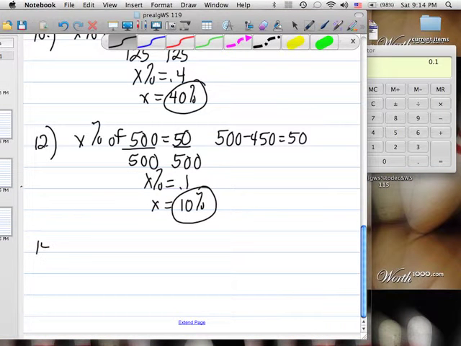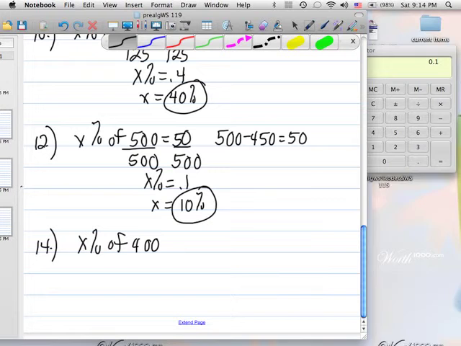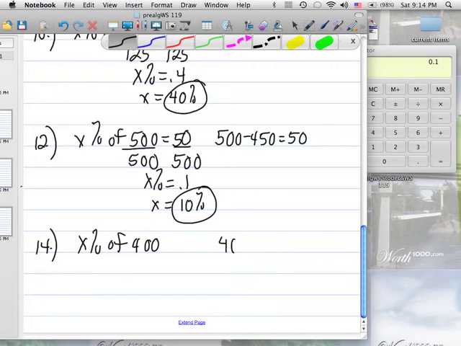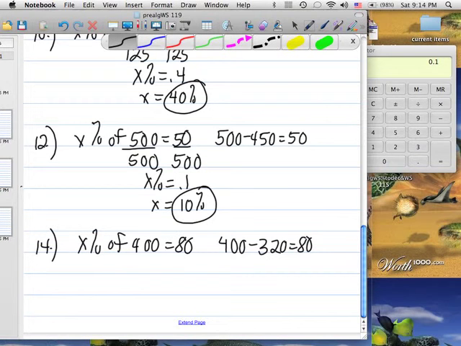Problem number 14. The original distance was 400 kilometers. So x% of 400, and our decrease is, it's going to go down to 320, so that's a decrease of 80. So divide both sides by 400.